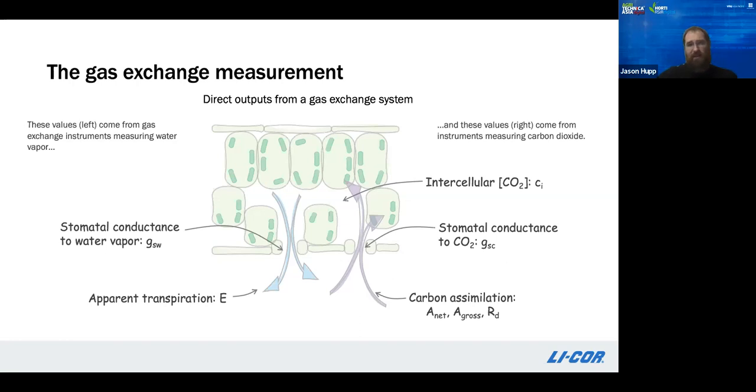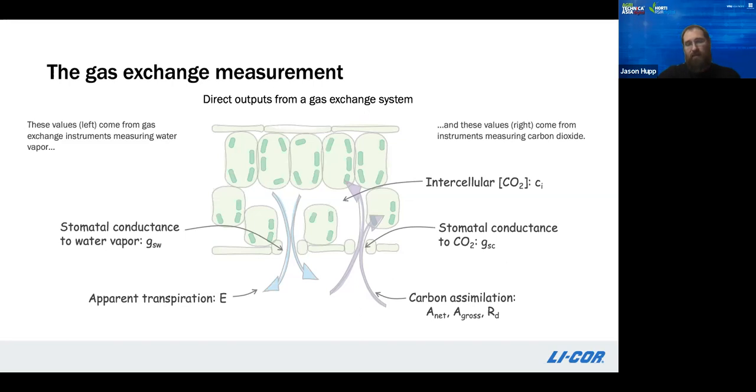And the assimilation has a context to it, right? So we can measure the net assimilation, that is the instantaneous measurement we get from the instrument. If we put the leaf in the dark, then we can make an estimate of dark respiration. And if we look at the difference between the net and the respiration in the light, that gives us the gross assimilation, just what's going in.